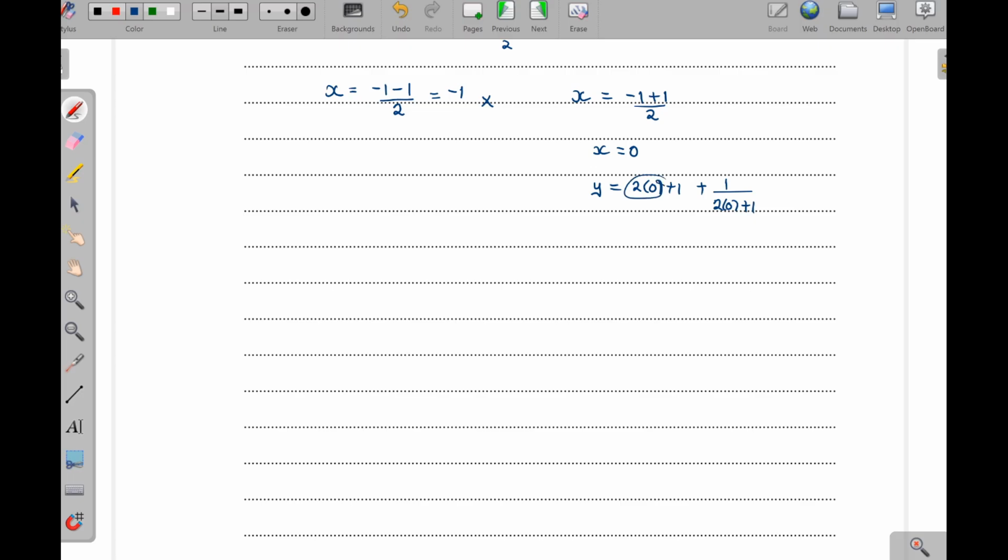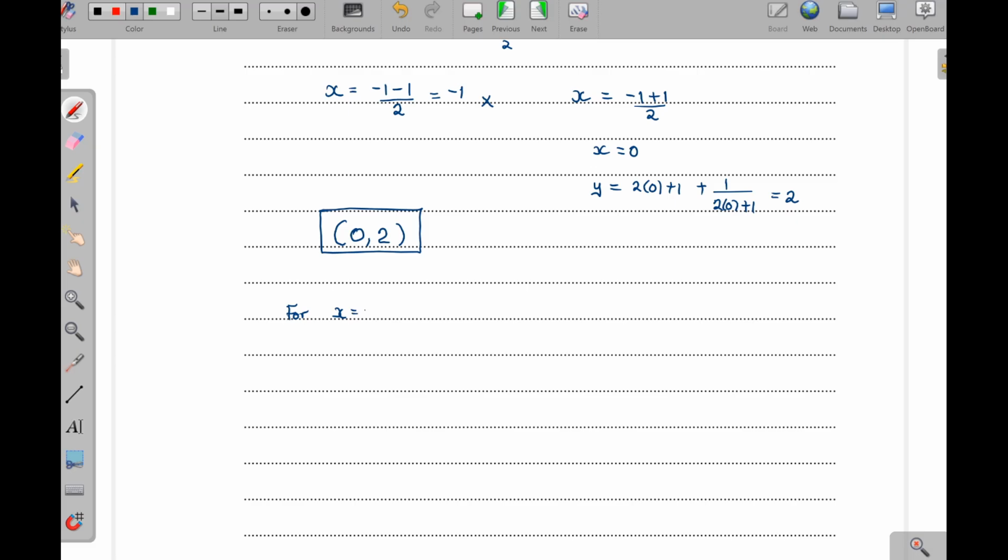Here we are having a 0, then a 1, and then 1 over 1 is 1, so we shall get 2 altogether. That means that the coordinates of the stationary point will be (0, 2). That is that. Then to determine the nature, we need to find the sign of the second derivative.